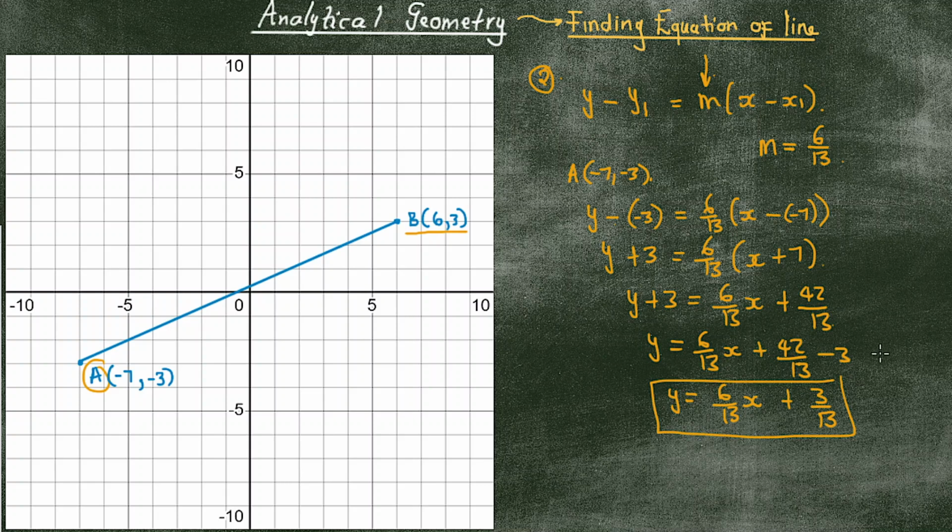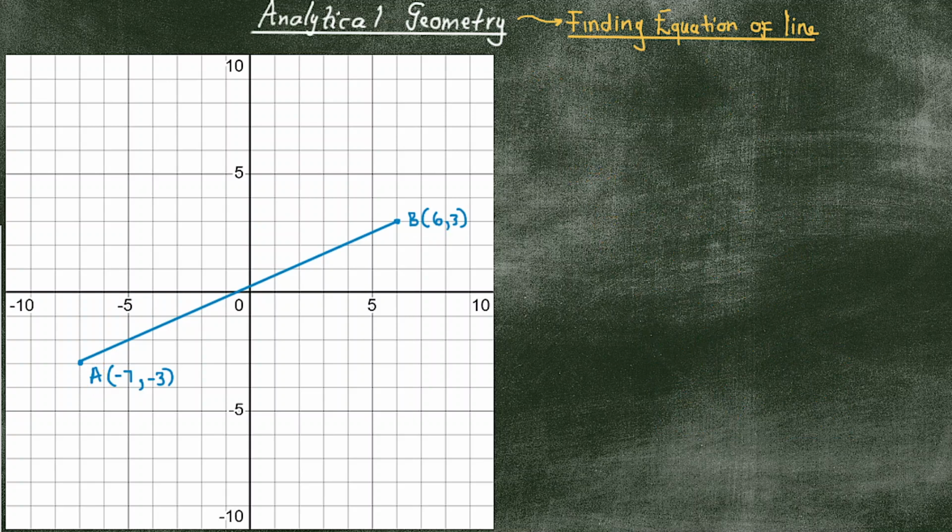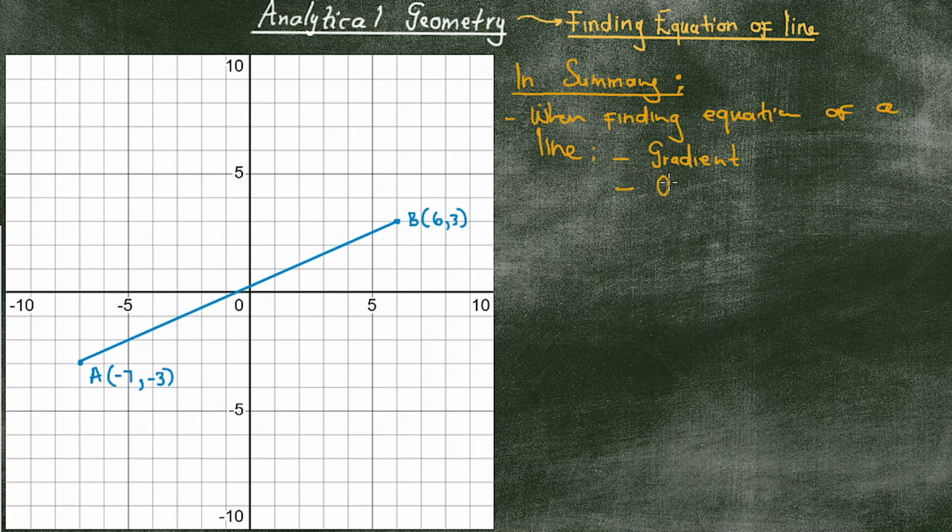So this is how you find the equation for a straight line. Very important. In summary, when finding or calculating the equation of a line, you need two things: the gradient, and also 1 point.